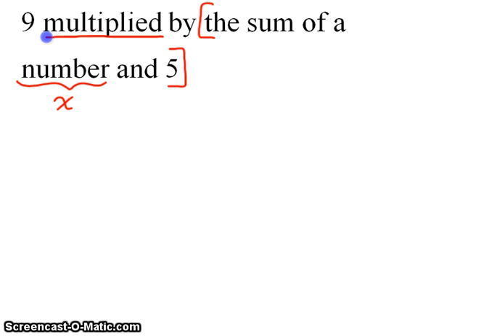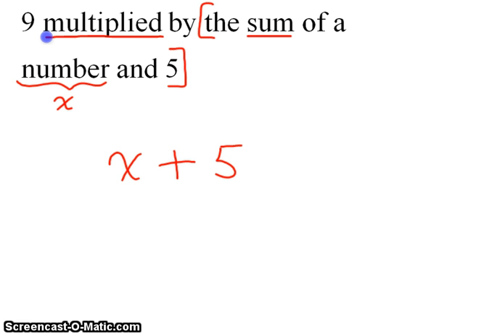There's another operation, so this might require the use of parentheses. I bracketed the phrase, the sum of a number and 5. How do you write the sum of a number and 5? It's x plus 5.